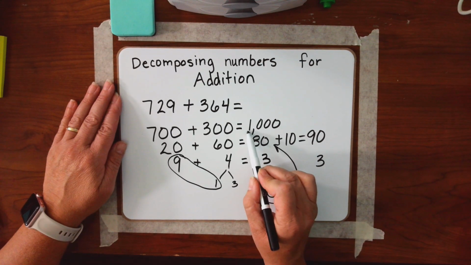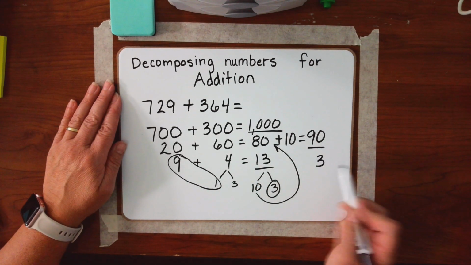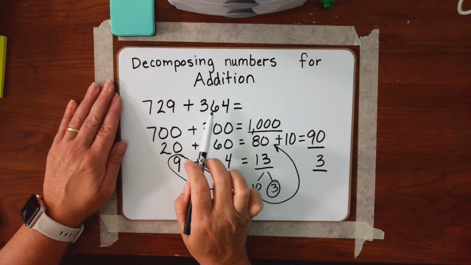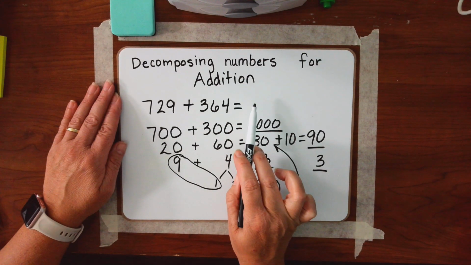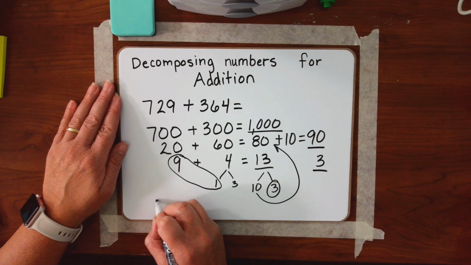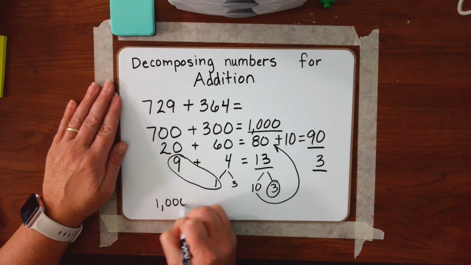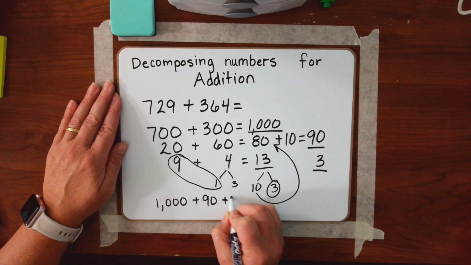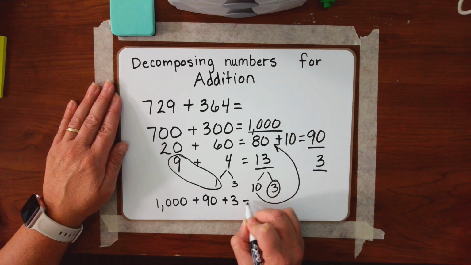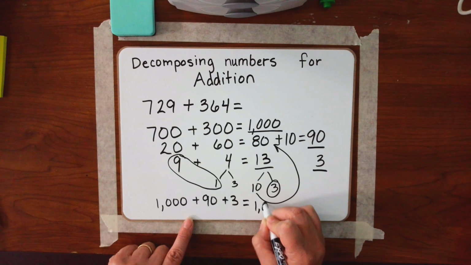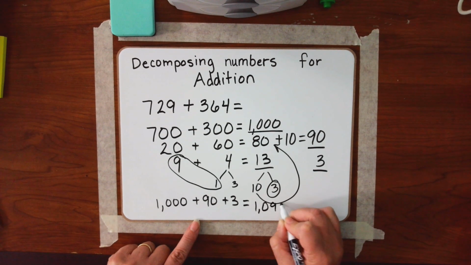So my answer would be 1,000 plus 90 plus 3, because those are my partial sums. Because when you're doing an addition problem, the answer is considered to be a sum. That's the vocabulary word. So I would have 1,000 plus 90 plus 3, which is going to give me the answer of 1,000, I don't have any hundreds, 93.